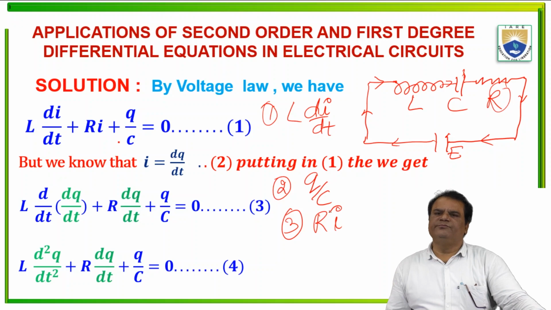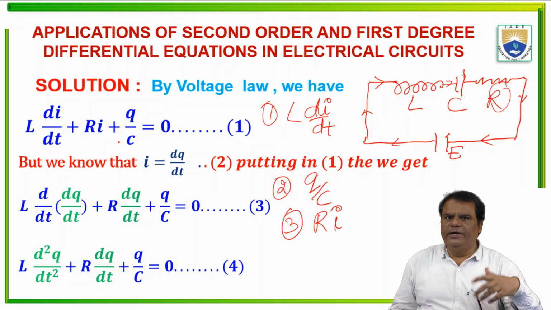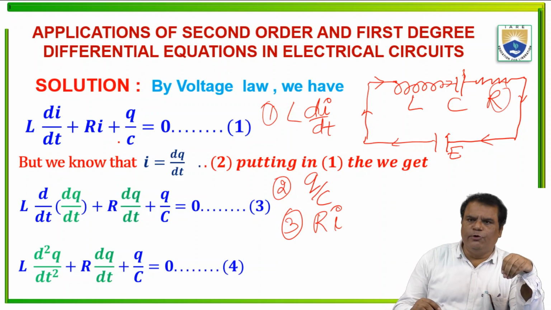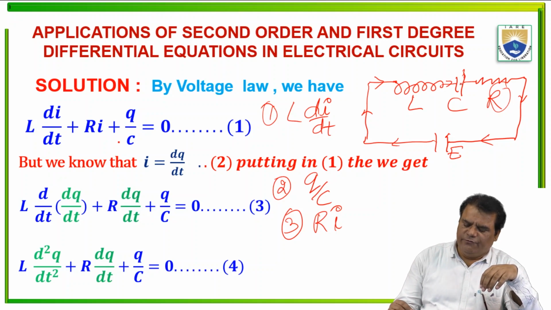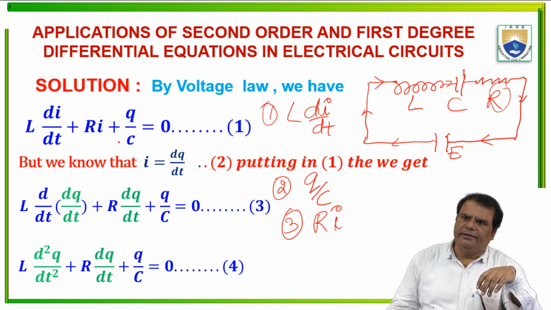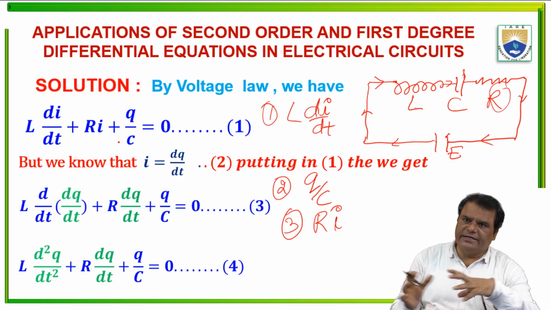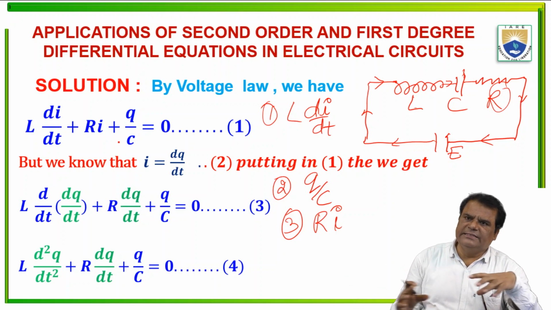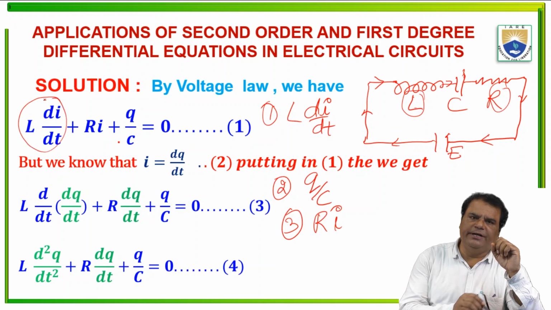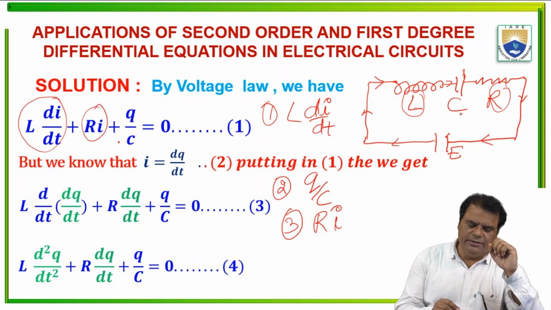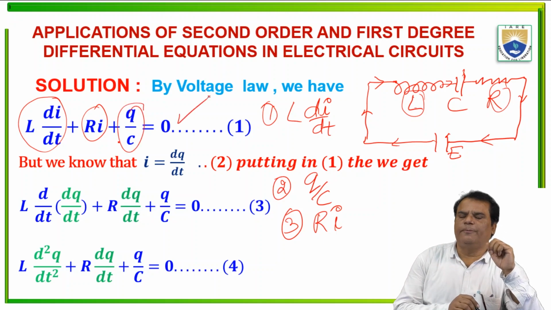By the voltage law, the algebraic sum of the voltage drops across L, C, R is zero. So L di over dt plus Ri plus Q by C equals 0.